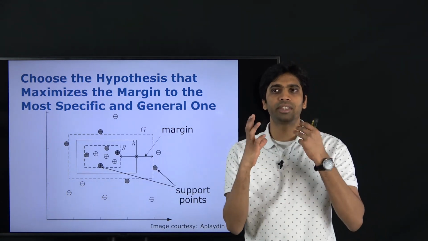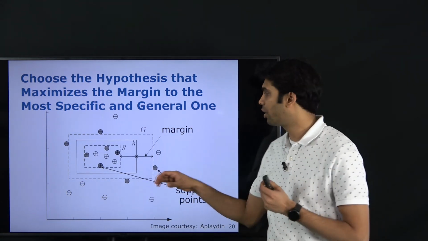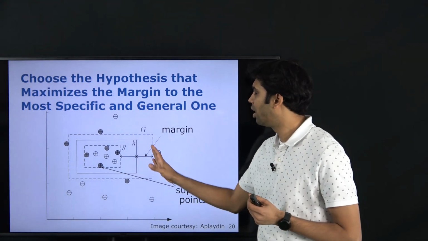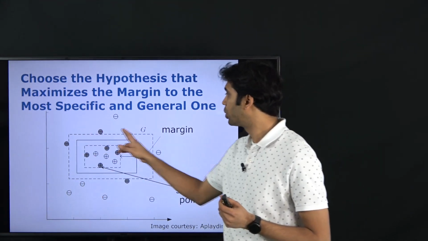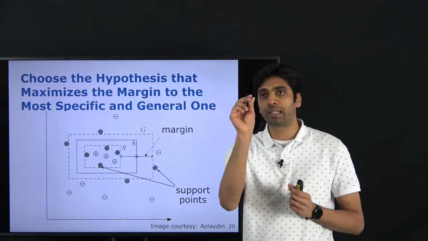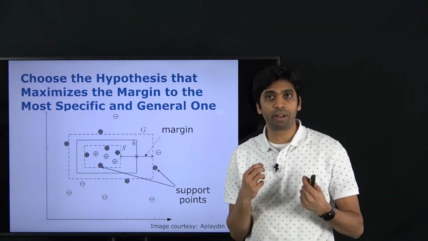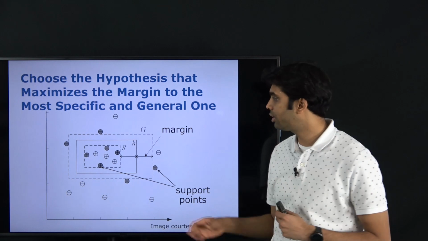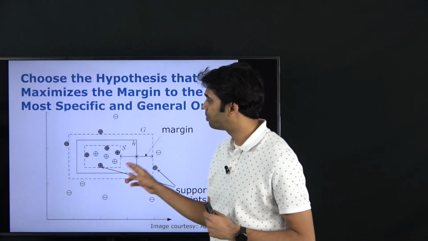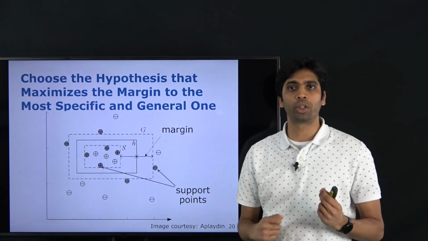In some sense, this is a more robust solution, because if we take a box closer to the most general box, at the boundary, maybe we are making lots of errors for new examples. Whereas if we are too close to the most specific box, we are missing a lot of positive examples.